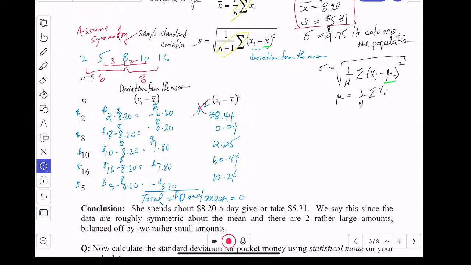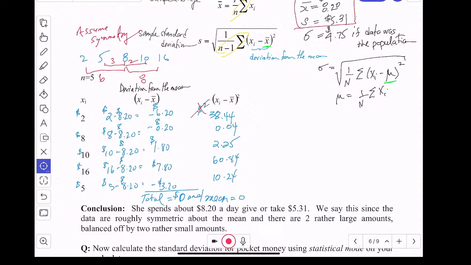What we do instead is we remember that we need to take the square root when we're done. Okay, we have to take the square root when we're finished to remove those units squared.